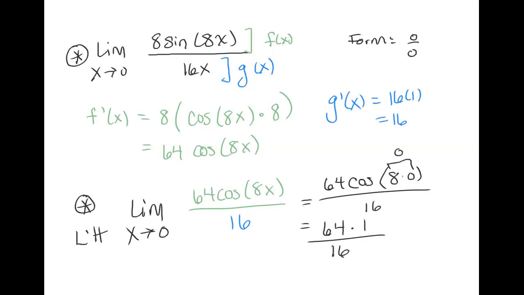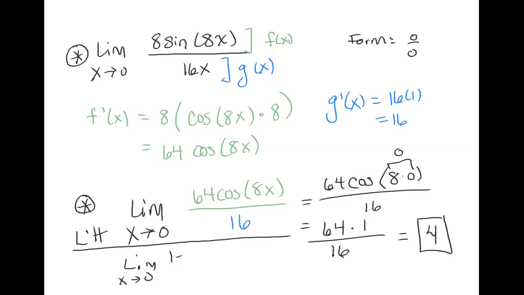If I take 64 times 1 divided by 16, I get 4. So it turns out that that original limit, the limit as x approaches 0 of 1 minus cosine of 8x over 8x squared, happens to be equal to 4 by applying L'Hopital's rule twice.